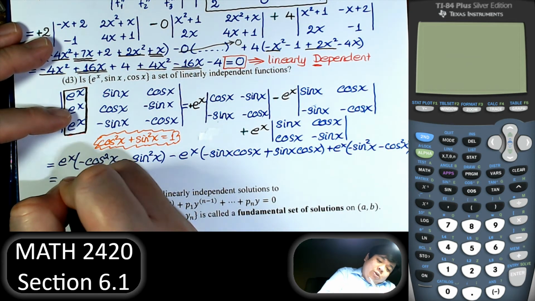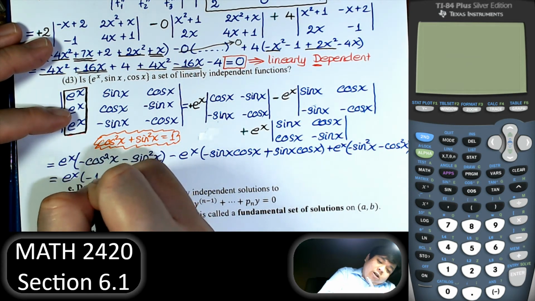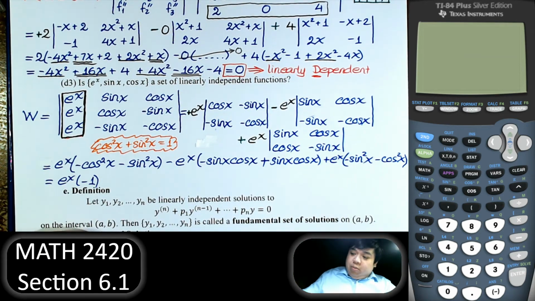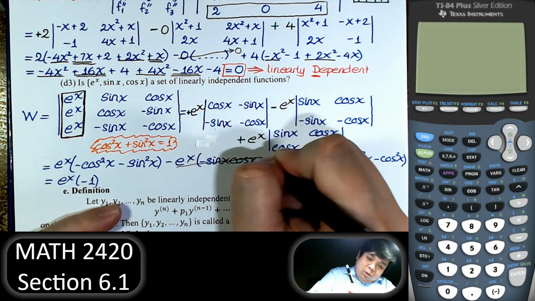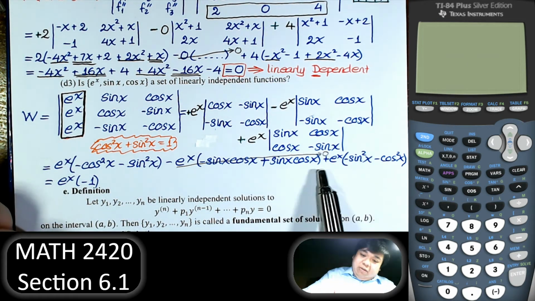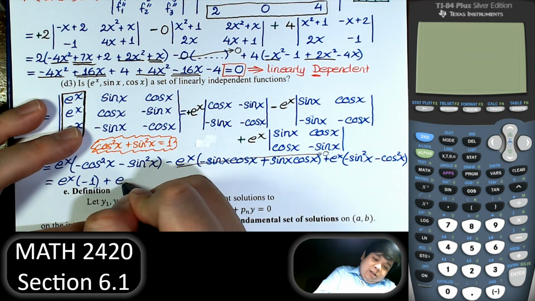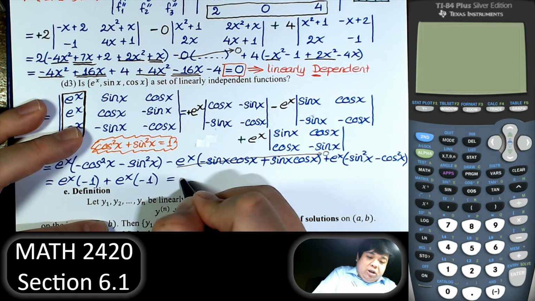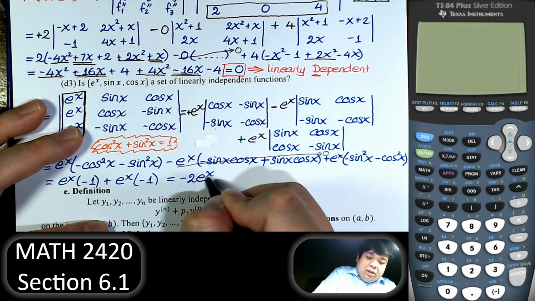So we have e to the x times negative 1. Sine x cosine x, sine x cosine x, the middle terms cancel out, so this goes to 0. And we just have e to the x. Once again, that gives us negative 1. So we end up with negative 2 e to the x.